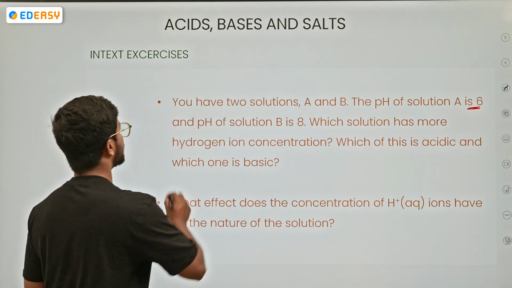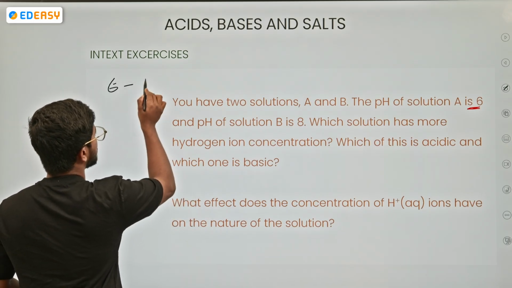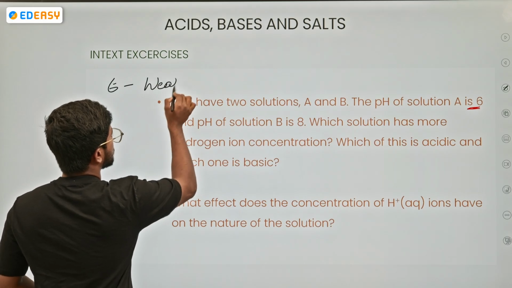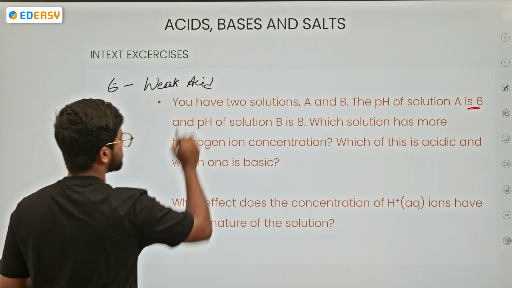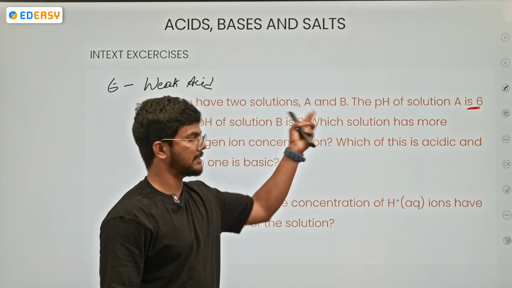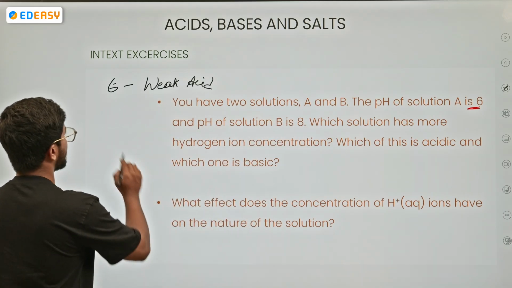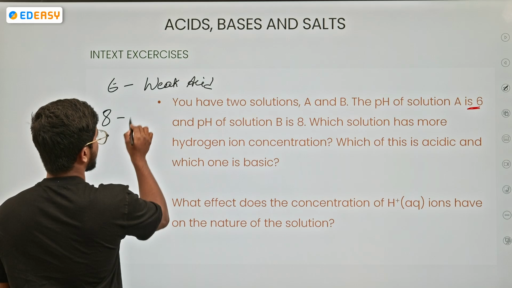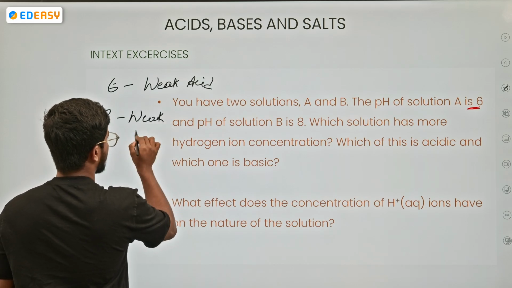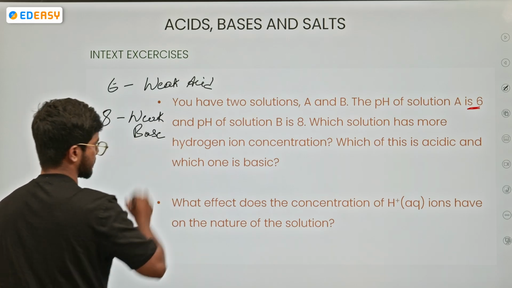Yes, a weak acid. So 6 means weak acid. Next, the pH of solution B is 8. So 8 means it should be a weak base.